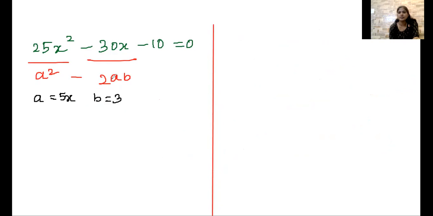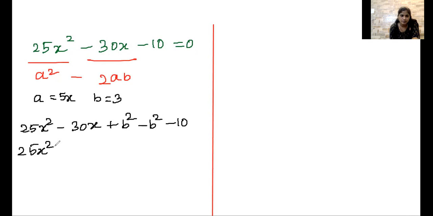So now I'm going to rewrite this expression as 25x square minus 30x plus b square and minus b square minus 10. So this plus b square and minus b square, I'm adding b square and subtracting b square. We know the value of b, which is 3. So just substitute the value as 3. So it's going to be 3 square minus 3 square and minus 10.